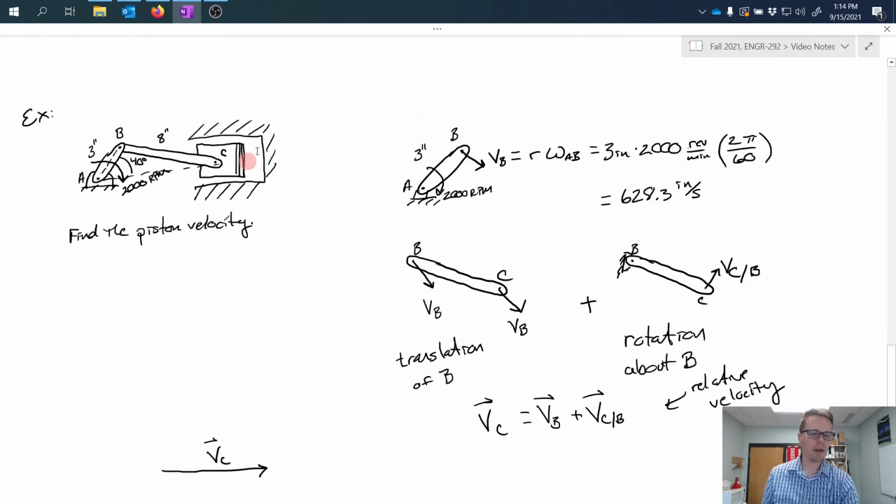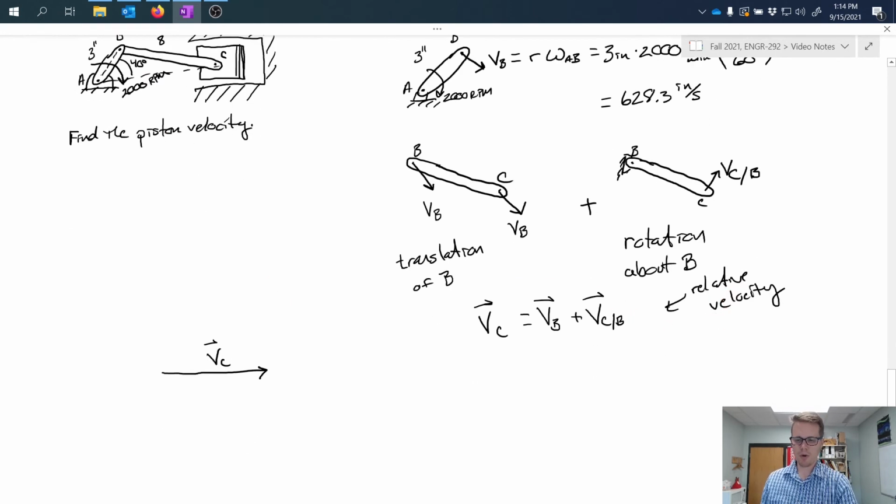And if I look up at my original drawing, I know that the velocity of B is perpendicular to the arm connecting A and B. And because this is a 40-degree angle here, if I form a right triangle, I know that this angle here with respect to the horizontal must be 50 degrees.